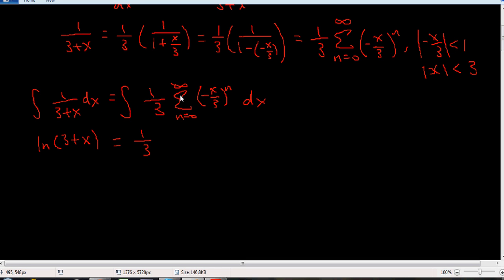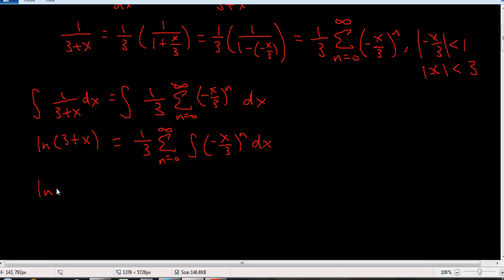And because in the sum the variable is n, I can actually move this integral in because I'm integrating with respect to x. So n equals 0 to infinity, integral of negative x over 3 to the n dx. And remember, when we take the sum, it's the sum of this whole thing here.